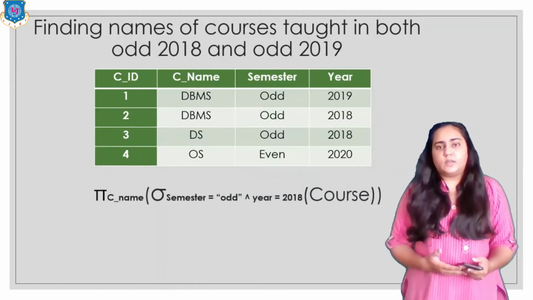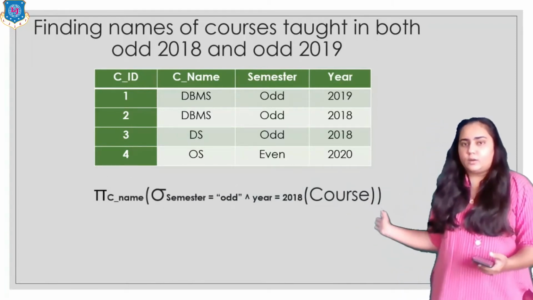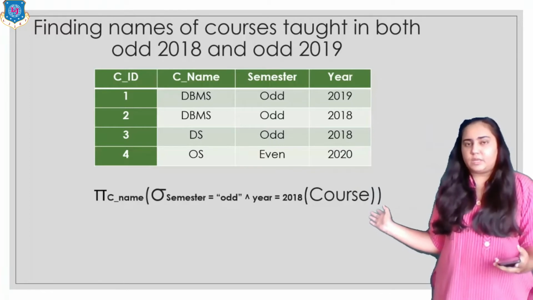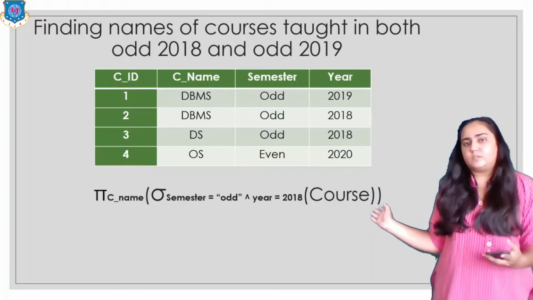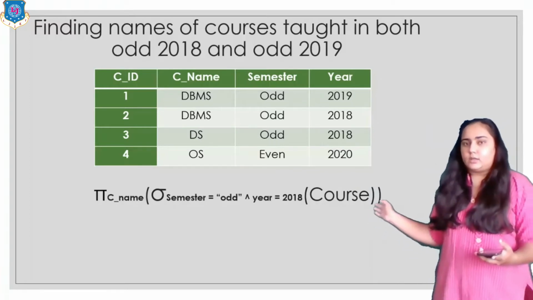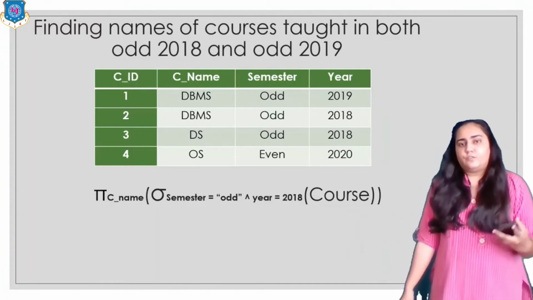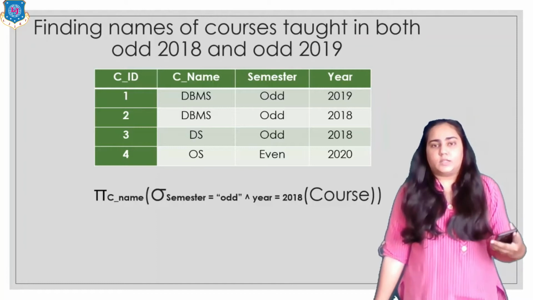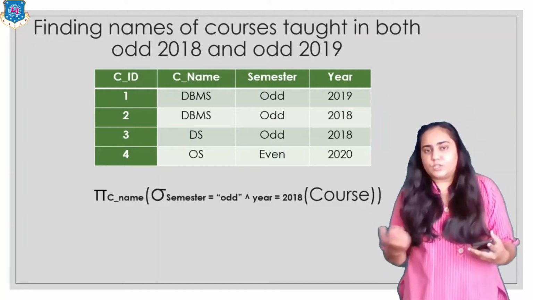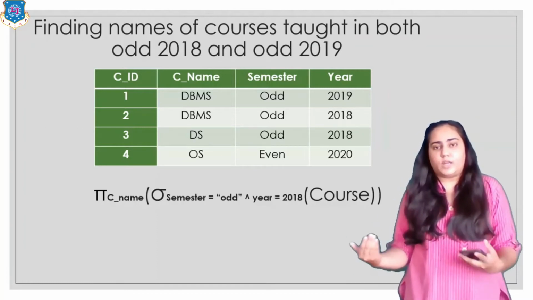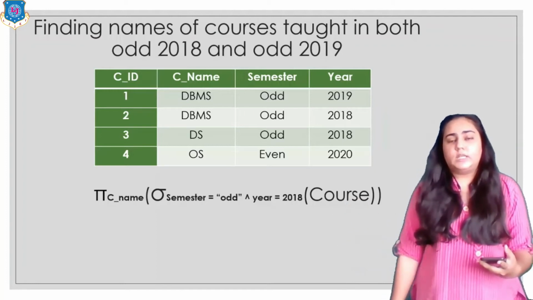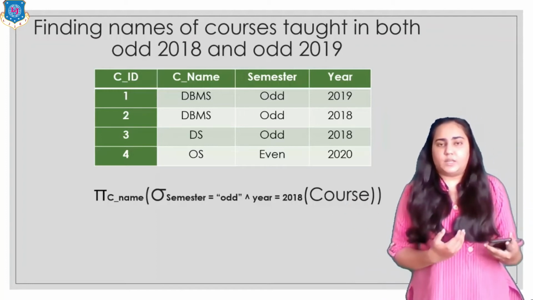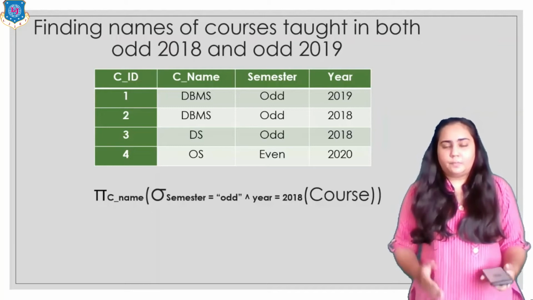For this, first I'm going to write a query that fetches courses that were taught in odd 2018. If you read it from inside, first I have applied the sigma operation, which simply fetches the rows which contain semester odd and year 2018. And from there, I'm extracting only the name column.